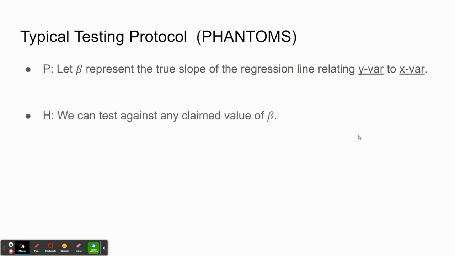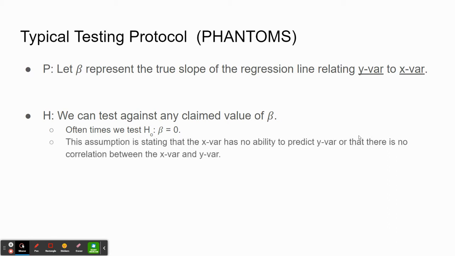So we can test against any claimed value of beta. But most of the time, we're going to claim that beta is equal to 0. So we want to tell whether there is a linear relationship, whether x can predict y. So is there a multiplier that we can multiply to the x value to turn it into a y value that we can then add the y-intercept to and use it to predict the y value?